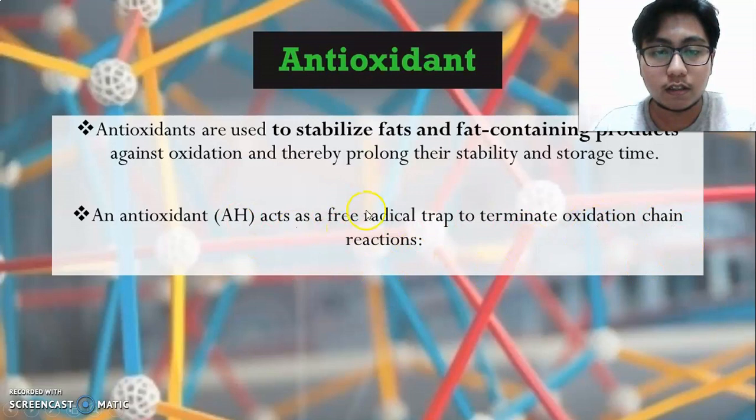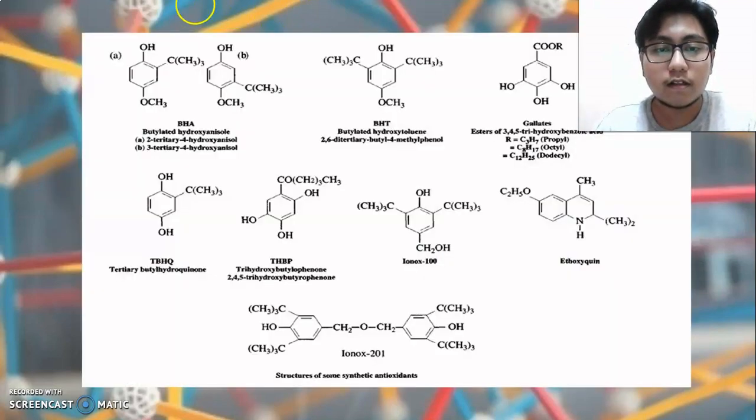In this step, the antioxidant attacks the free radical at the propagation step, thus terminating it early and stopping the oxidation process. And here you can see examples of antioxidants.